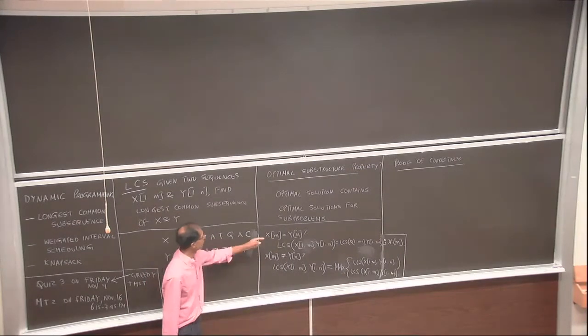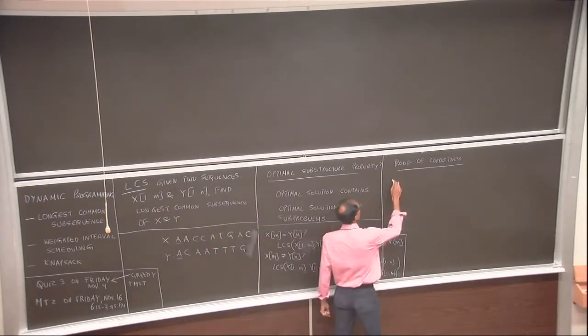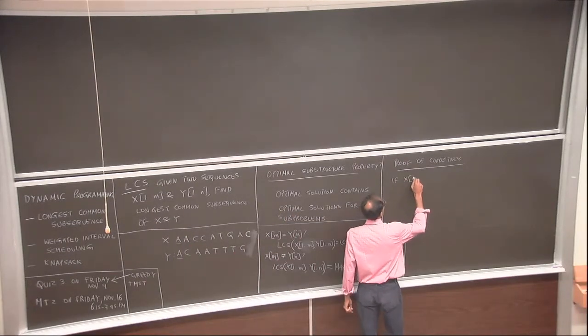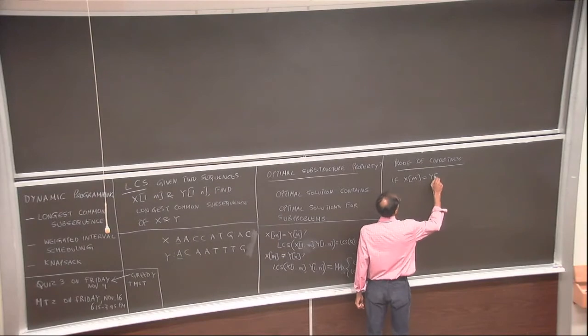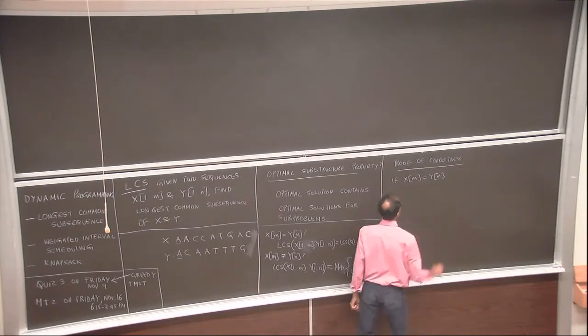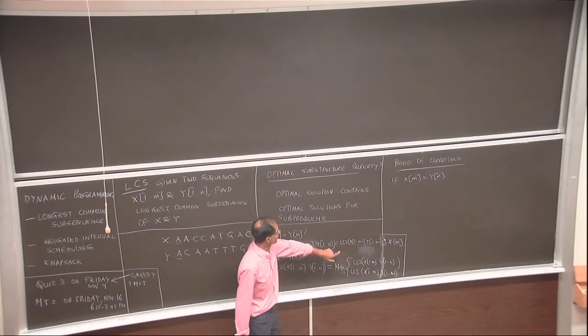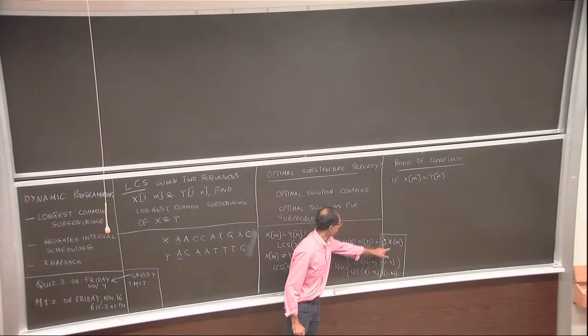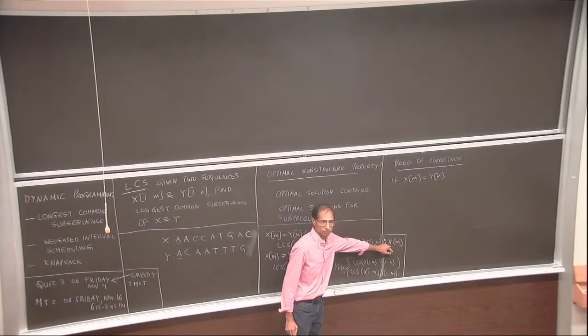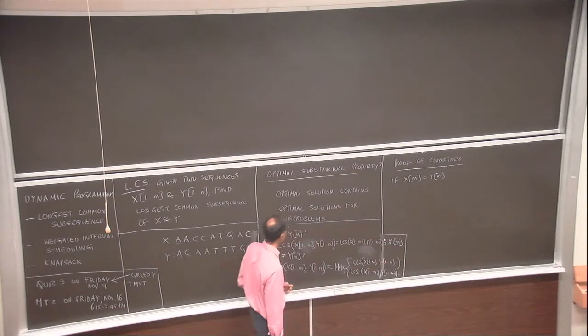So, proof of correctness. If xm equals yn, we want to prove that the LCS of this is the same as the LCS of this followed by xm. Okay?